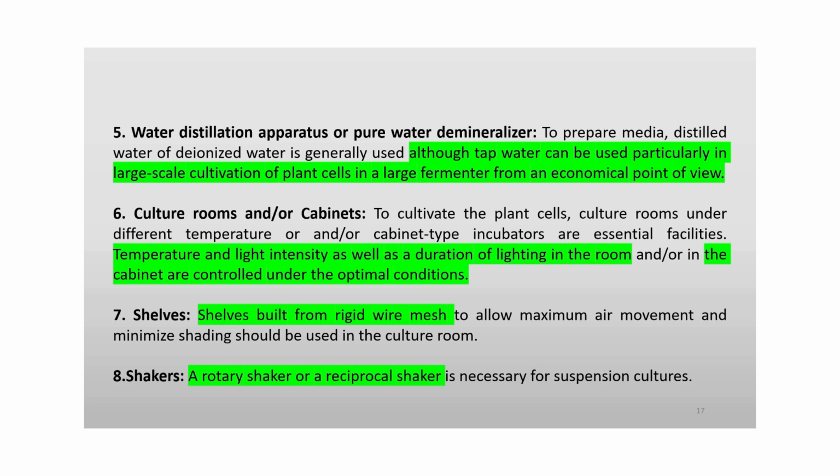Shelves built from rigid wire mesh to allow maximum air movement and minimum shade should be used in the culture room. Rotary shakers and reciprocal shakers are necessary for suspension cultures.